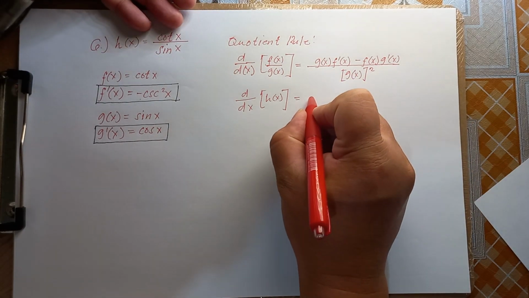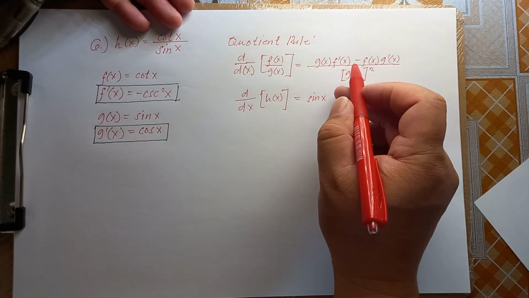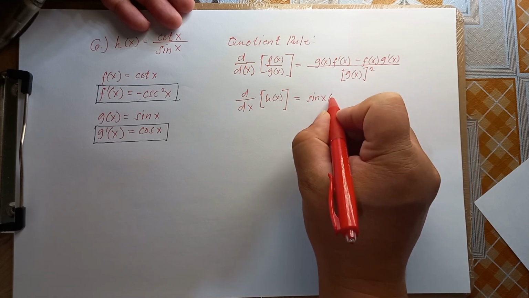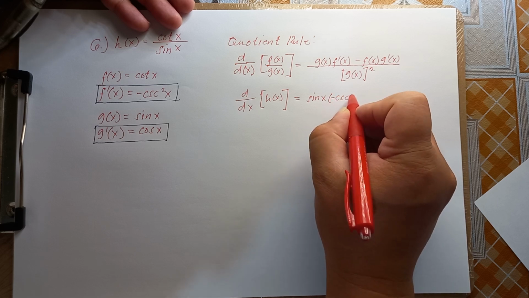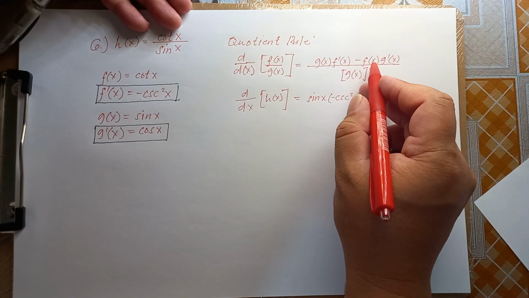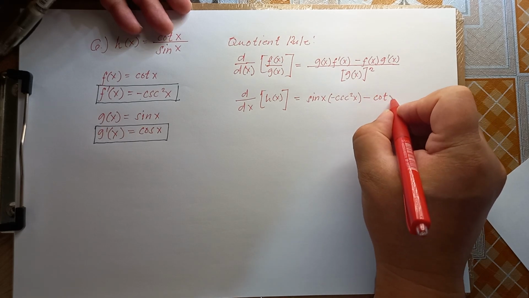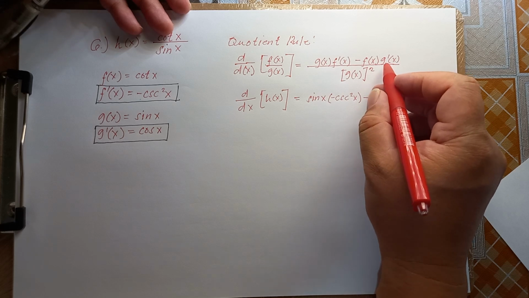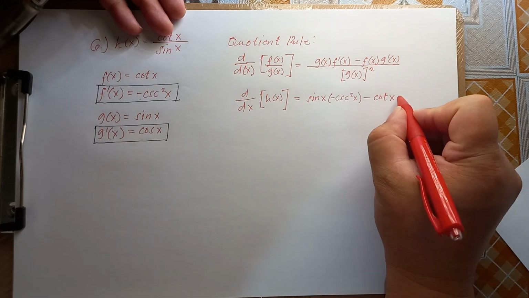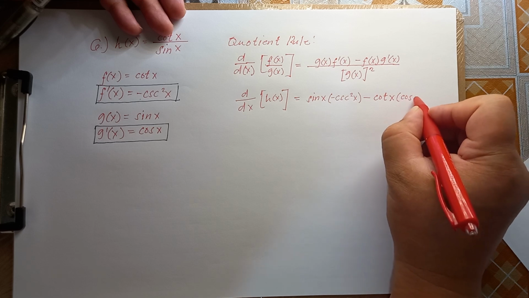That is sine x. What is the derivative of the f of x? We have negative cosecant squared x, minus, what is your f of x? Cotangent x, multiplied by the derivative of g of x, which is g prime. So we have in here multiplied by cosine x.